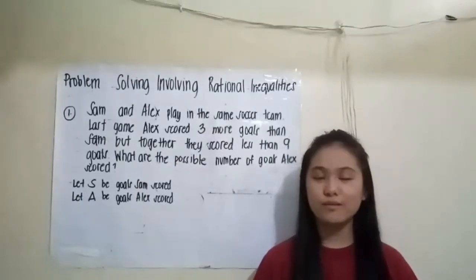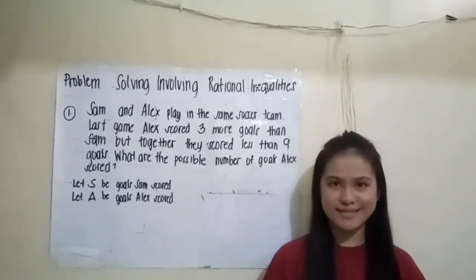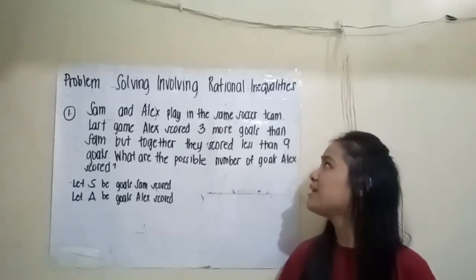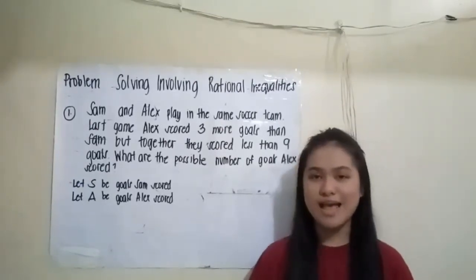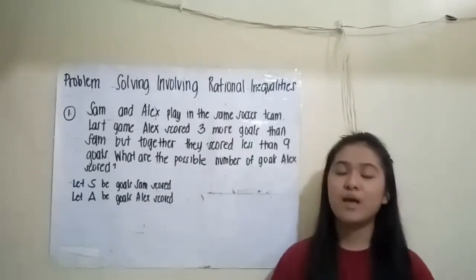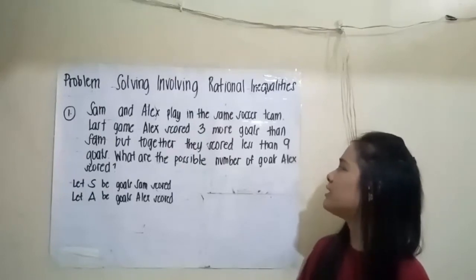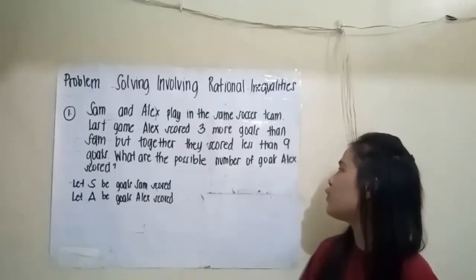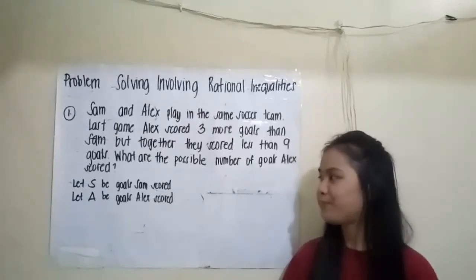Problem solving involving rational inequalities. Given the problem, Sam and Alex play in the same soccer team. Last game, Alex scored 3 more goals than Sam, but together, they scored less than 9 goals. What are the possible number of goals Alex scored?